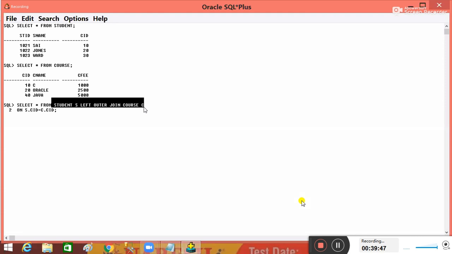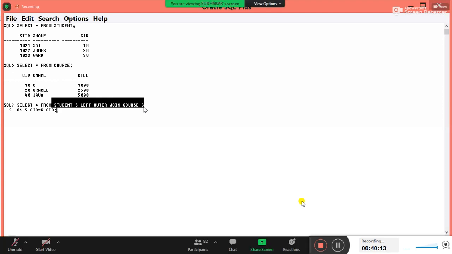Yes, the student table is on the left side. So left outer join means all rows, that means matching rows and unmatching rows, both are retrieved from the left side table, but from the right side table only matching rows are retrieved. Do you understand the definition now?